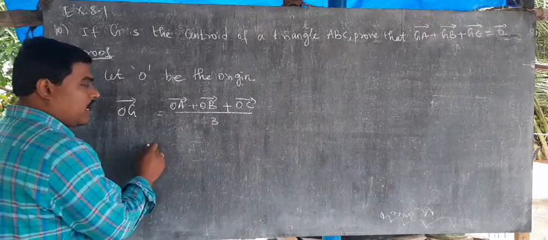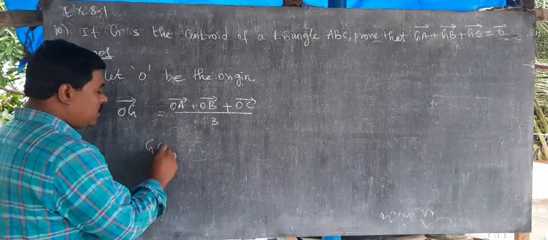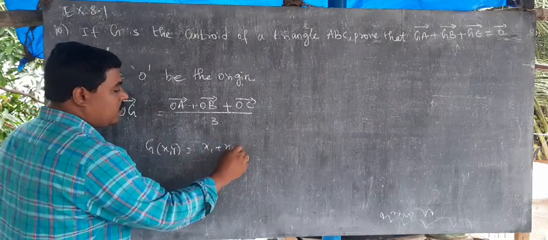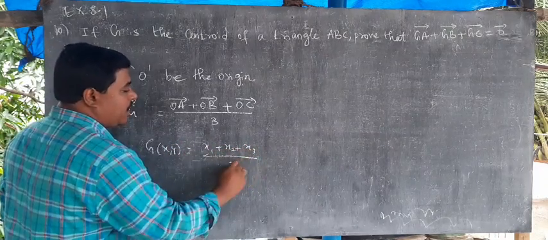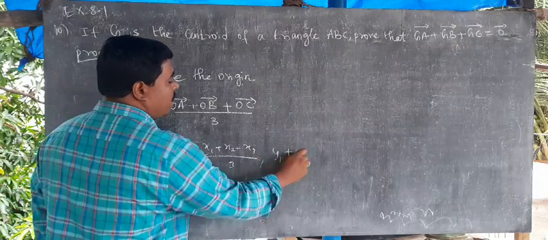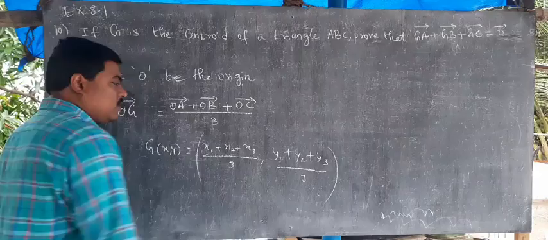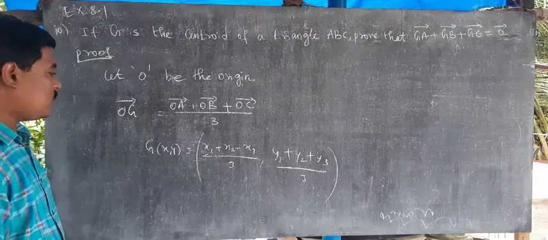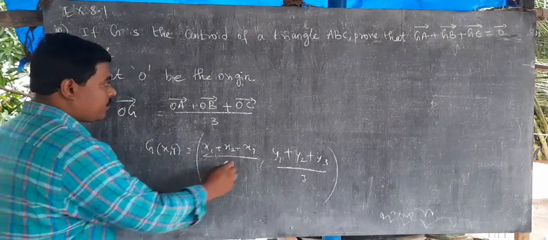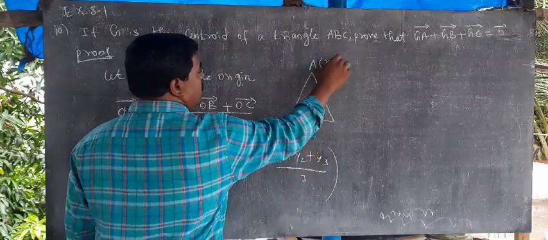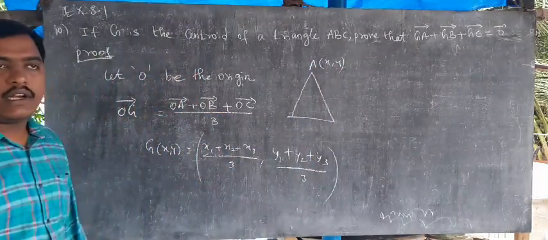Listen, the centroid you wrote in the 10th standard as G(x, y), (x1 plus x2 plus x3) by 3, (y1 plus y2 plus y3) by 3. In a triangle, if A is a vertex, you wrote x and y, but we are dealing with vectors.